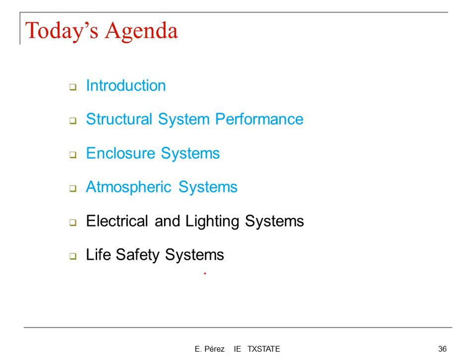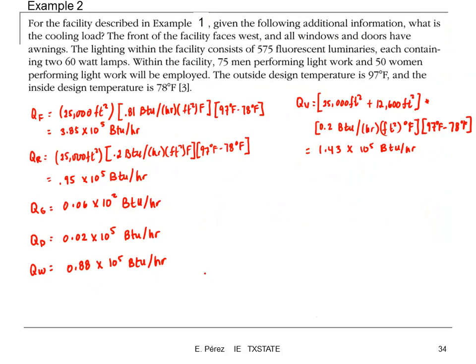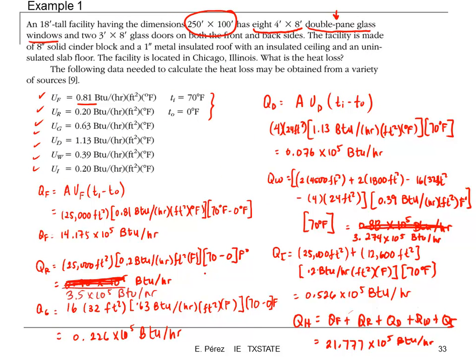Actually, yes. So we added up everything from the ones we were doing last time. No, that's a good question. I want you to get confused. So this one was for the heating load. Here we were looking at the heating component, and the heating load is right here. So this is a separate problem.